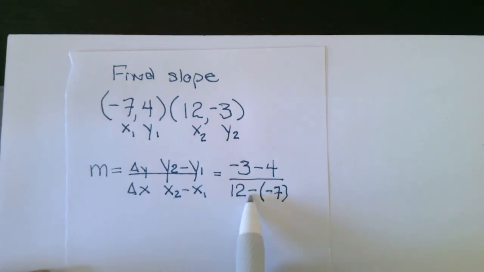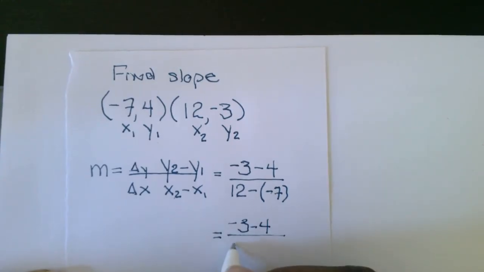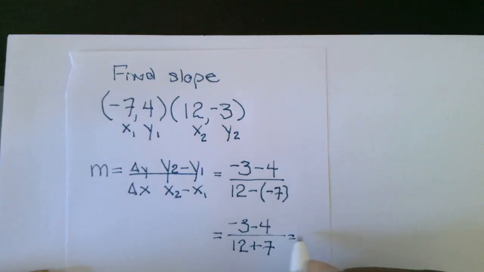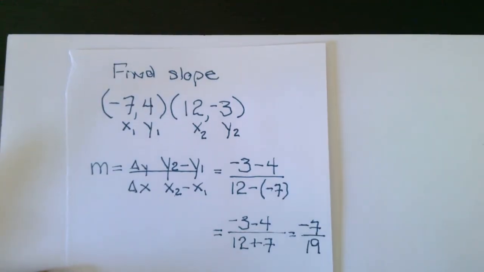When you minus a negative, that means it's going to turn positive. So it looks like this: negative 3 minus 4 over 12 plus 7. That's what happened here. Okay? So now you have negative 3 minus 4, that gives you your negative 7. And then your 12 plus 7, that gives you your 19. Okay? So this is what you got.